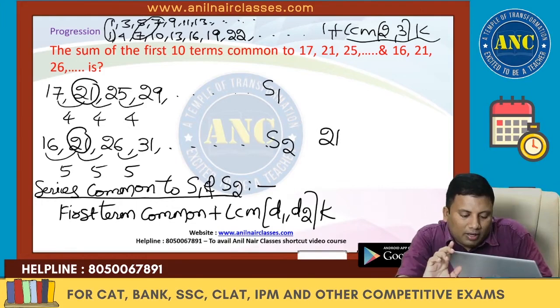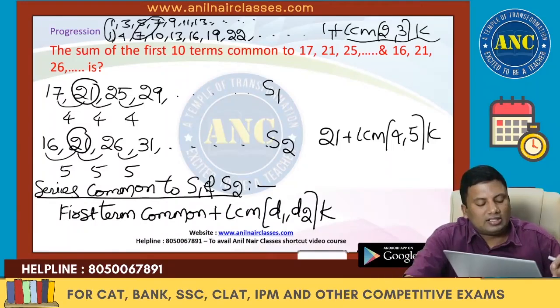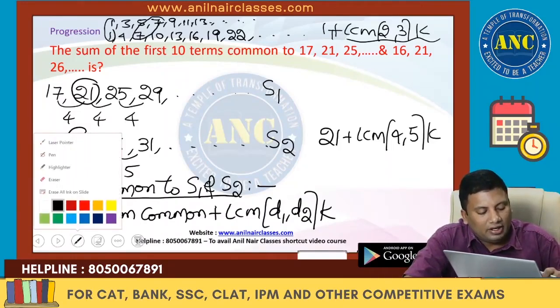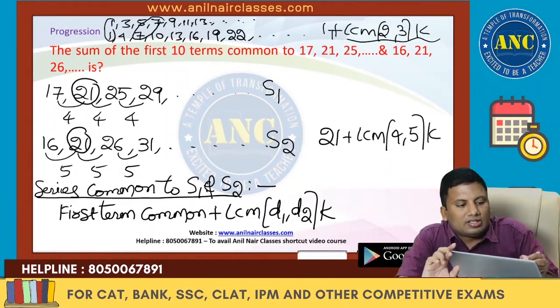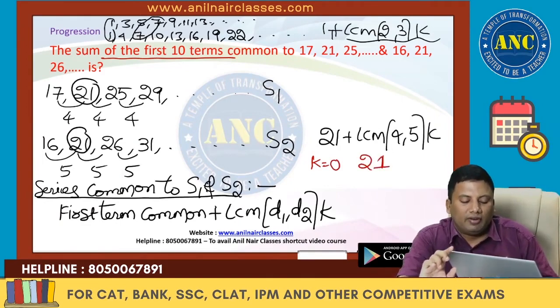First term common is 21. D1 is 4, and the next is 5. So it is 21 plus LCM of 4 comma 5 into K. For the sum of the first 10 terms, the first term is K equivalent to 0, which is 21.